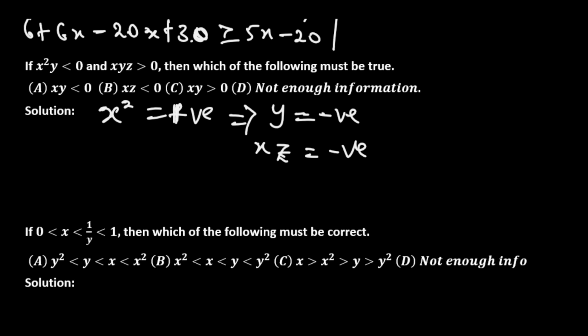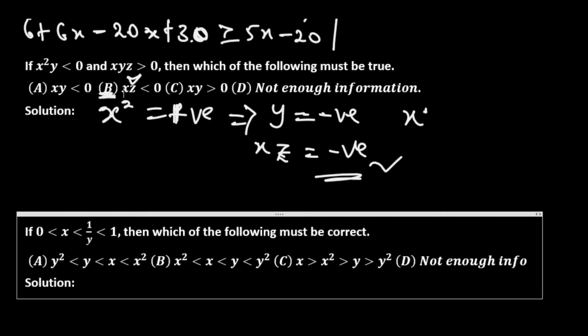So just logic. What you have to know here is that the product xz must be negative. That's a must. So x squared is positive is not in the option. Y is equal to negative is not in the option. And so the only one is xz must be negative. The answer is B. So our answer is B.